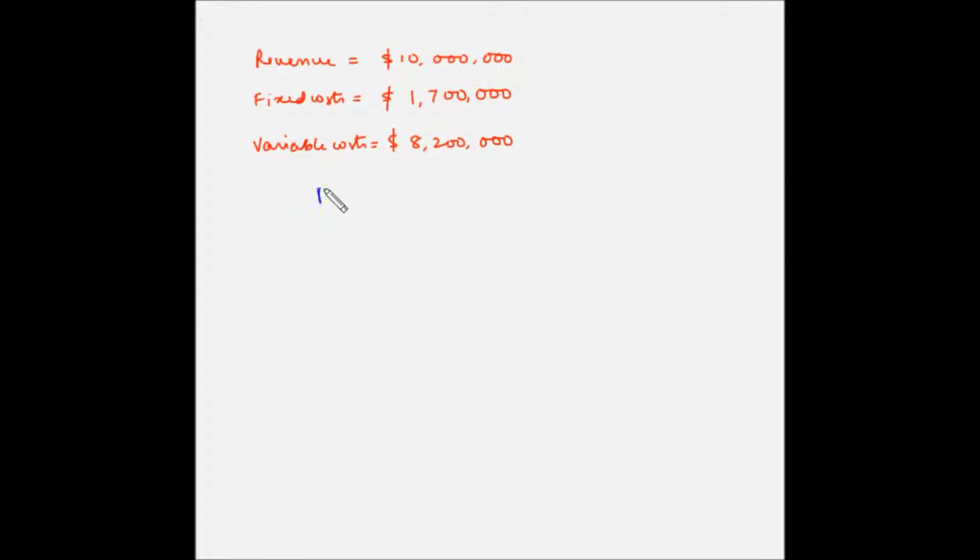And profit in its simple terms is equal to the selling price minus the cost price. So the budgeted operating income is equal to the total revenue minus the total cost. So total revenue is nothing but the number of units sold multiplied by the unit selling price.